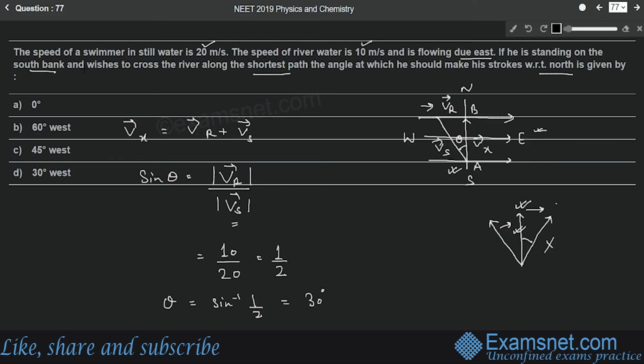That means this theta is 30 degree, and this 30 degree is formed with this normal, right? That means option number D will be the correct answer, 30 degree west. That means it moves slightly west, making an angle 30 degree with this normal. So option D will be the correct answer.